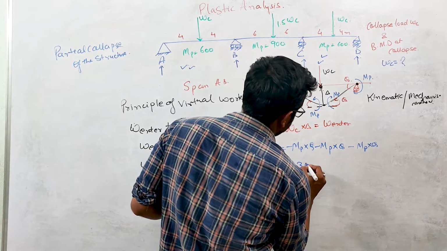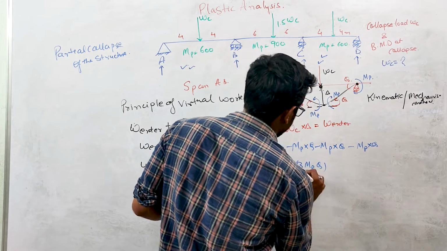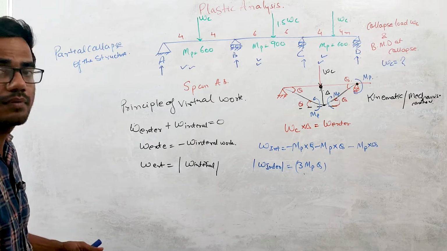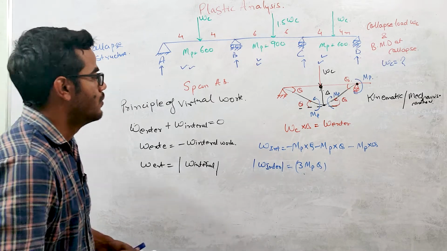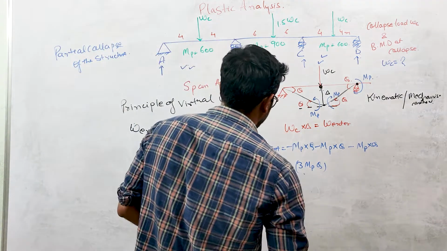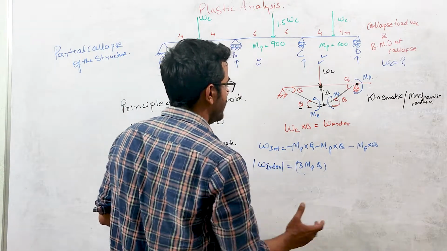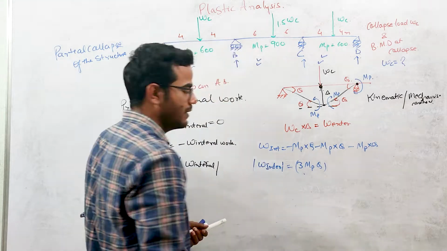So this will be equal to 3 MP theta. Okay guys, there should be no doubt in this. Why are we taking negative? Because this MP and this theta directions are negative. That's why it is minus MP into theta.